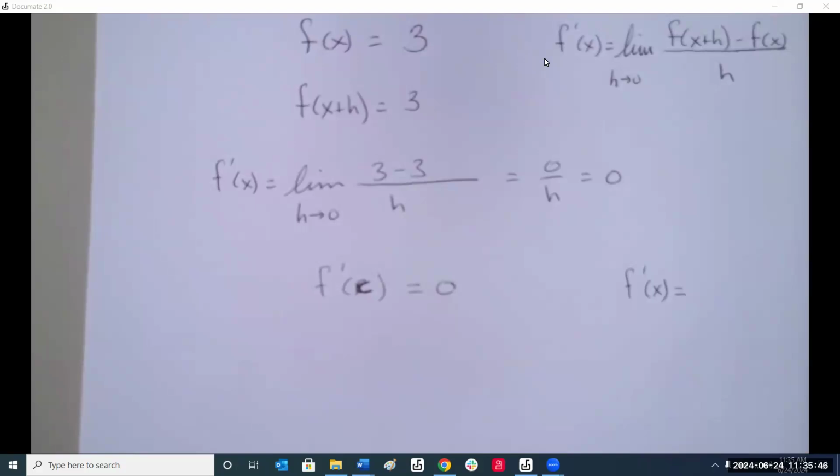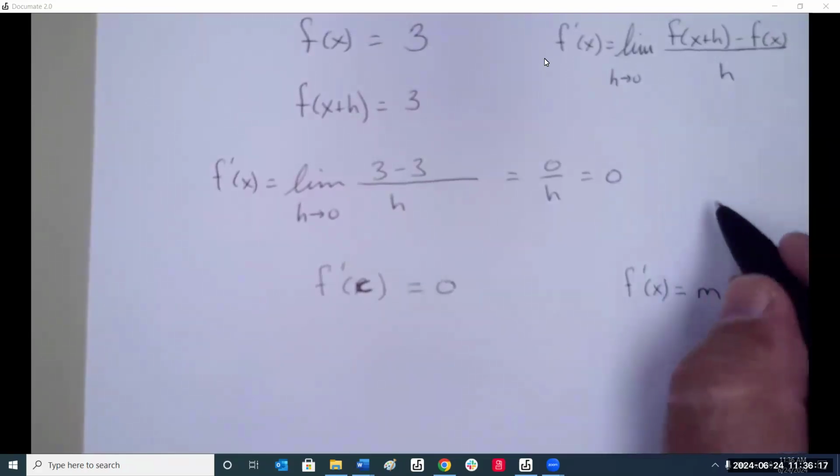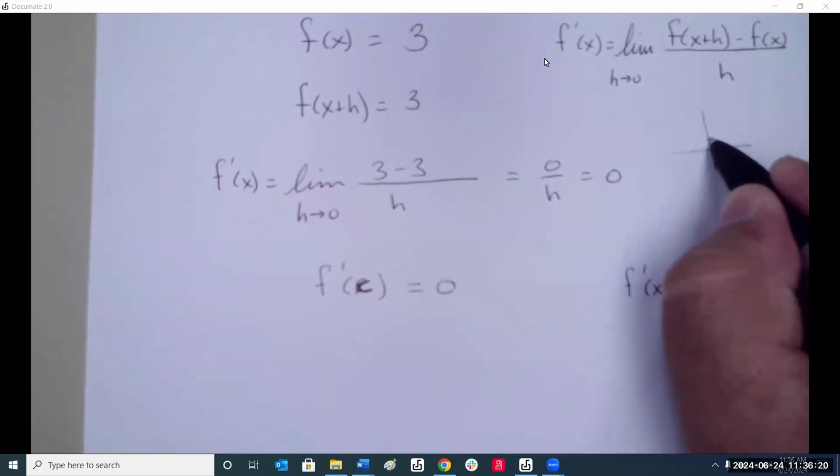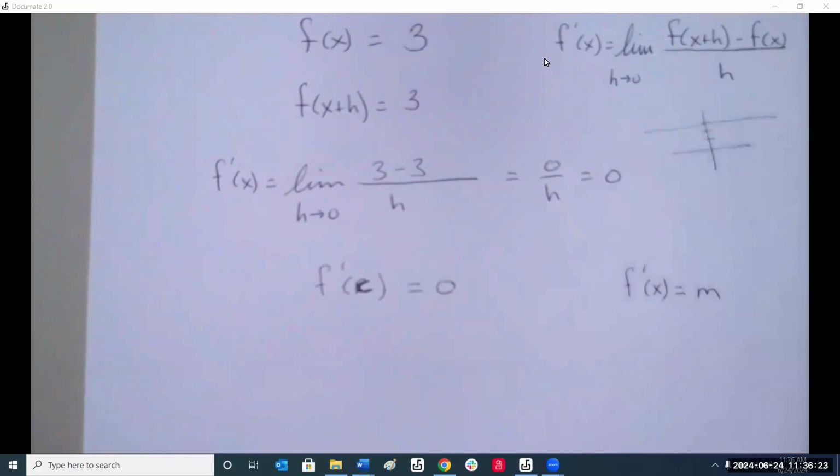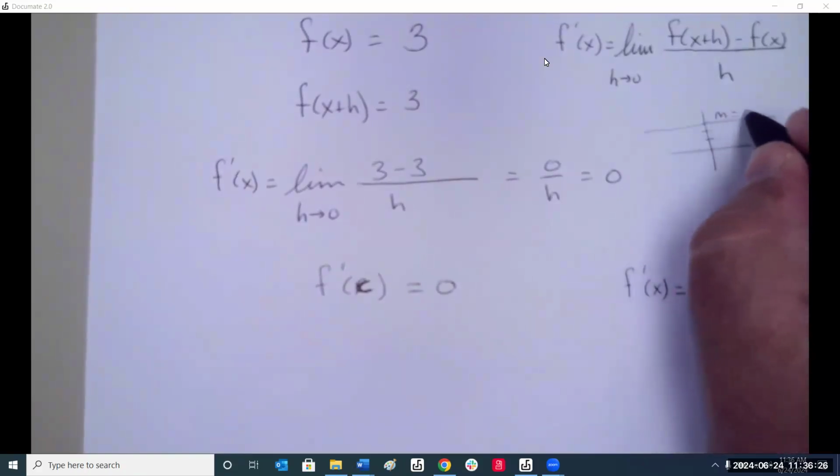The derivative finds the slope of the curve at any given point. Actually, the slope of the line tangent to a curve at any one point. That's what the derivative finds. So what's the slope of a constant function? The graph of a constant function is a horizontal line. The slope of a horizontal line is 0.